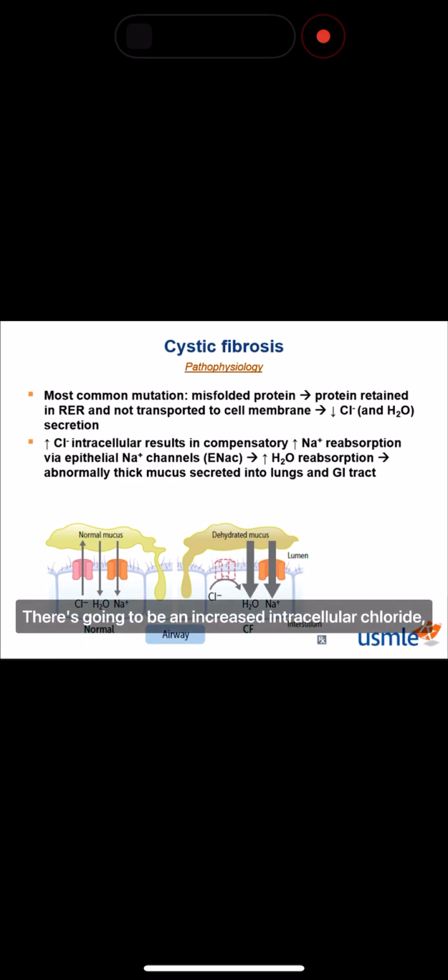There's going to be an increase in intracellular chloride, which will result in a compensatory increase in sodium reabsorption via the epithelial sodium channels, or ENaC. Water follows sodium, so there's going to be increased water reabsorption.